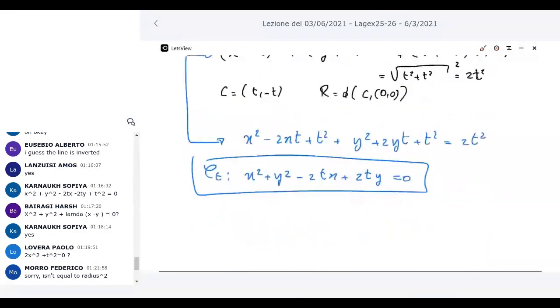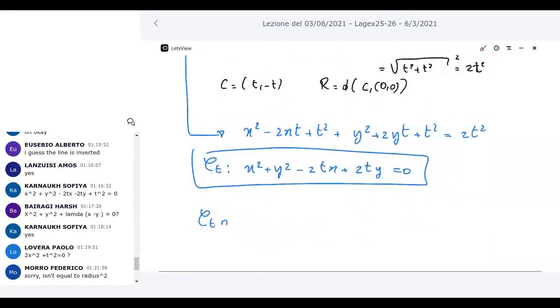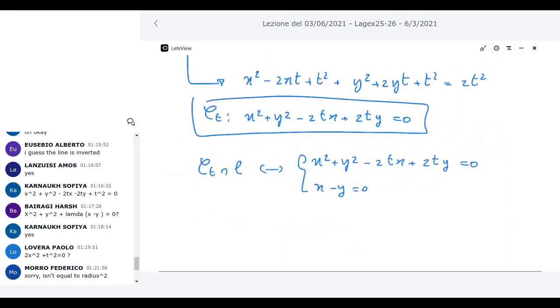Now, if you intersect this circle with line L, you are solving the system having x minus y equals 0 and the equation of the circle of this kind. So the system of equations has x minus y equals 0. I use the fact that x is equal to y, so I get 2x squared equals 0.